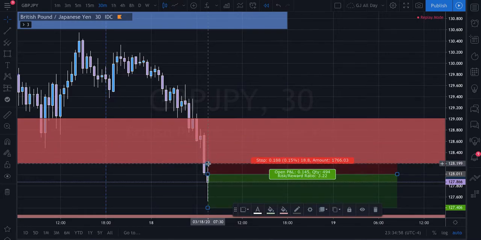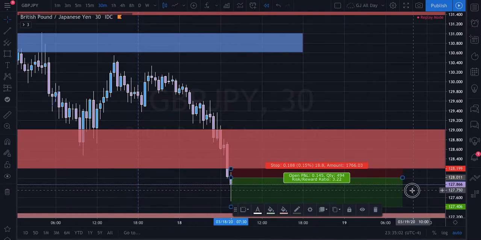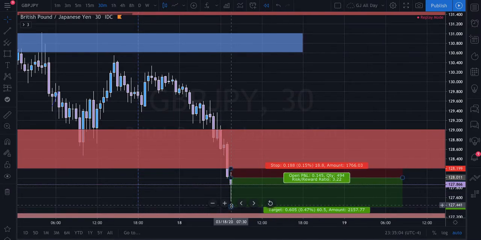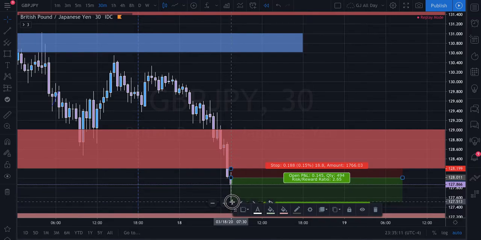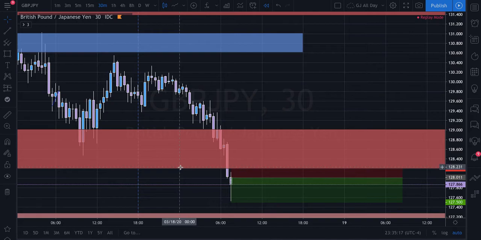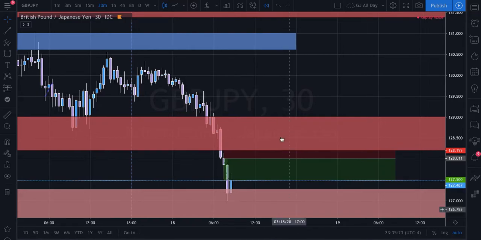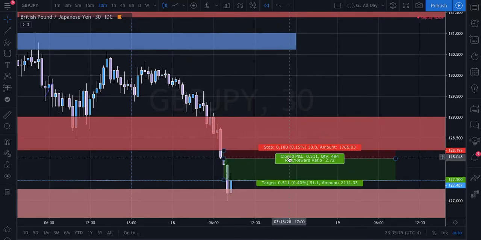Took something like this. This would have been more of an aggressive entry. And we know that we still have this range to fill. So maybe not go all the way down. Something like that. Still a pretty good ratio. Or see if that wick gets filled. And it did. Right, and that's our trade for the day.